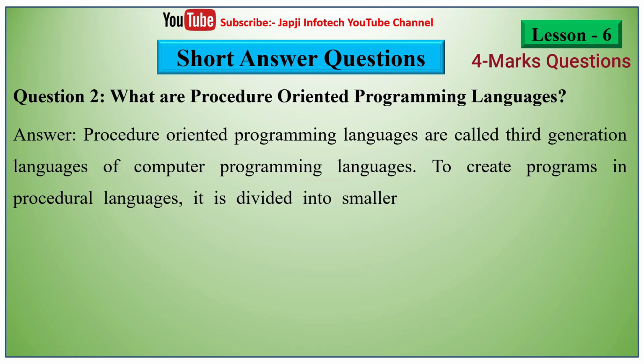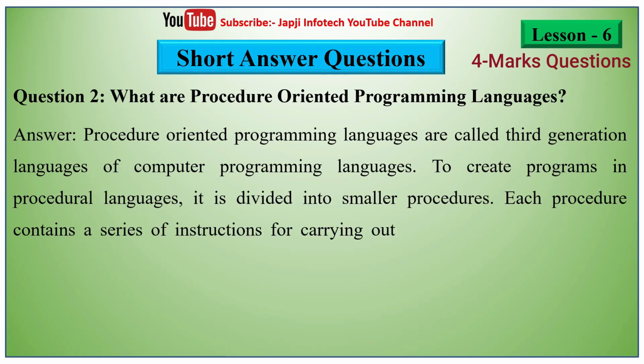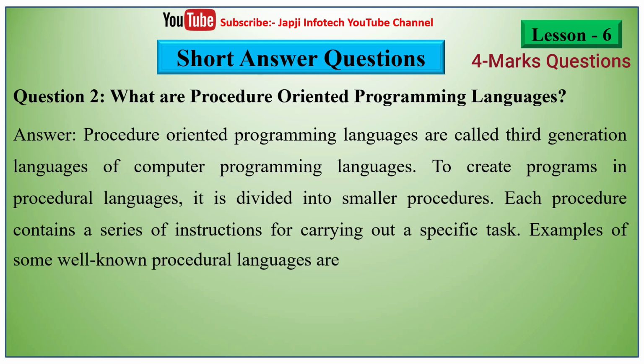To create a program in procedural languages, it is divided into smaller procedures. Each procedure contains a series of instructions for carrying out a specific task. Examples of some well-known procedural languages are Fortran, COBOL, Pascal, C, etc.